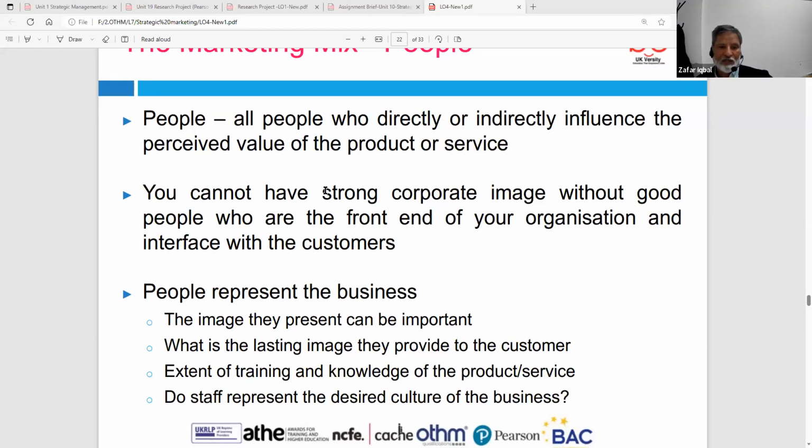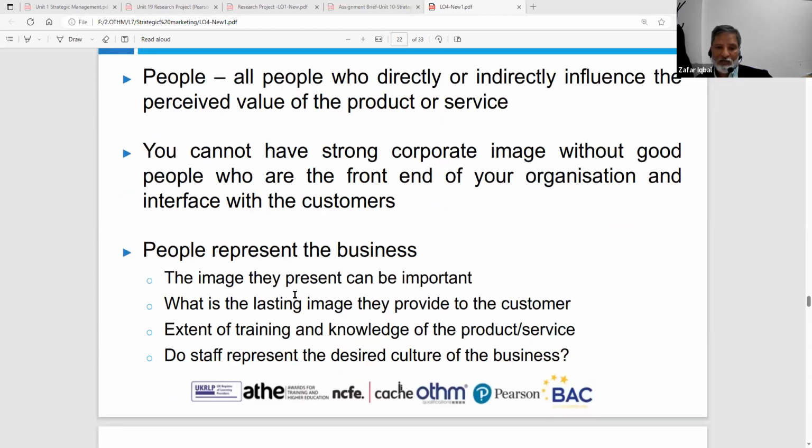So it's very important that the people who represent the business are the image of the business, because they present the views of the business, and they should represent what the business provides to the customer.